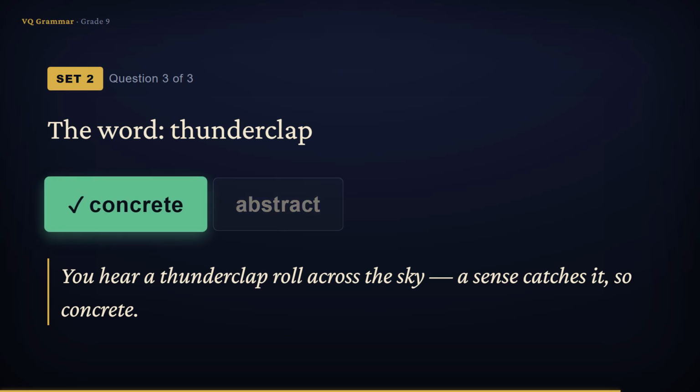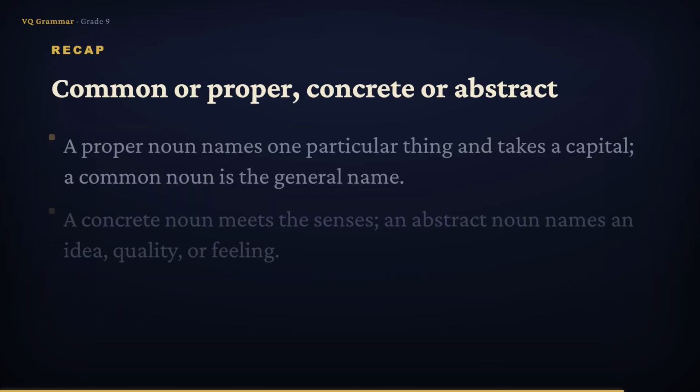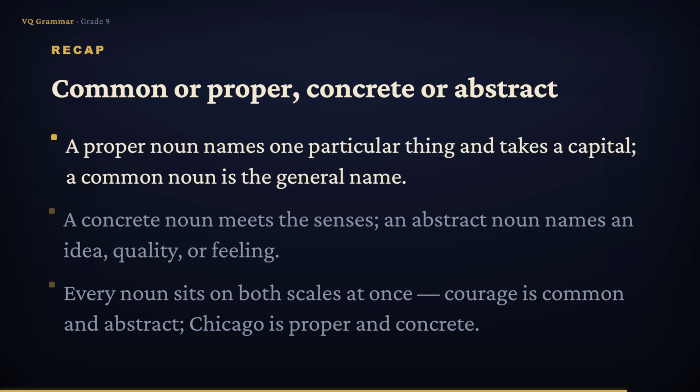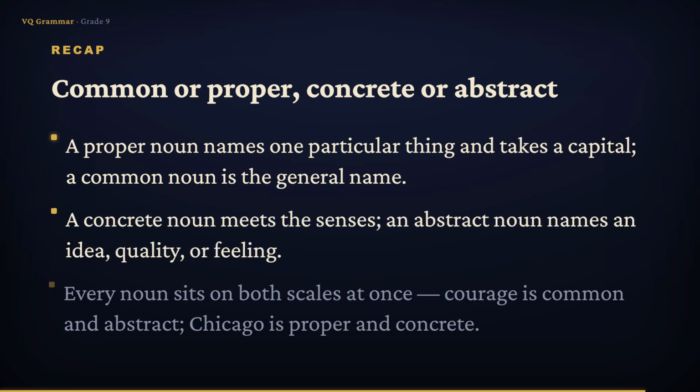The answer is concrete. Let's gather up what we learned. A proper noun names one particular person, place, thing, or idea, and it always takes a capital letter. A common noun is just the general name. A concrete noun is anything your senses can catch. You can see it, hear it, touch it, taste it, or smell it.